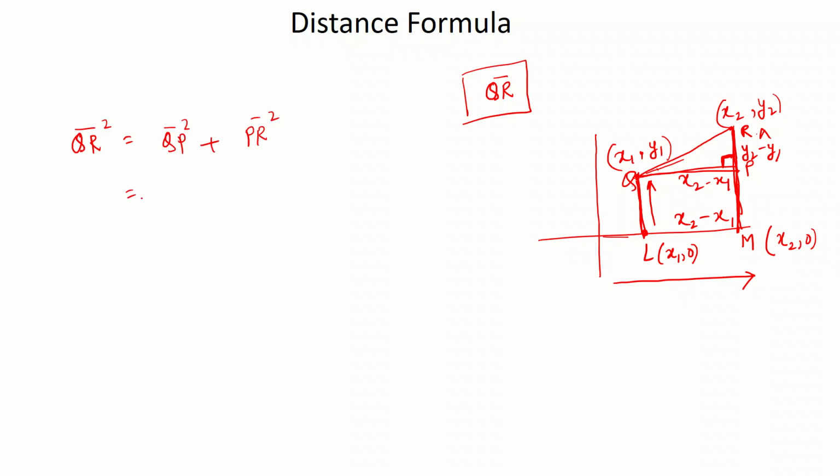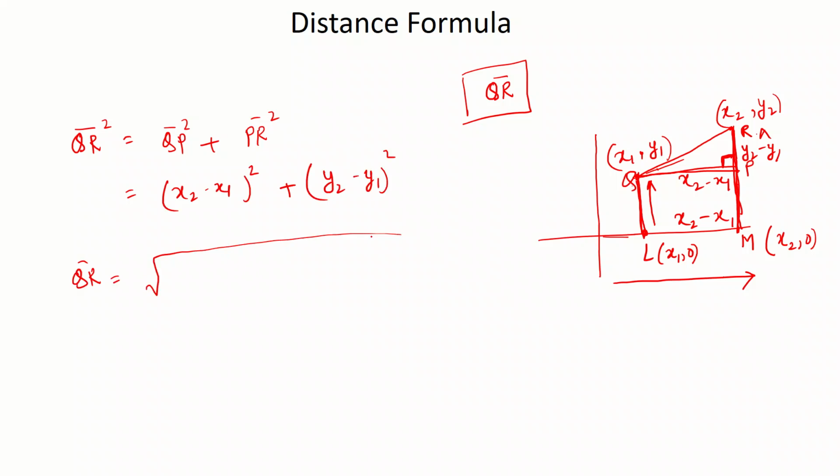QP we have already found out: x2 minus x1, whole squared. PR also we have found out: y2 minus y1, whole squared. So QR is equal to the root of x2 minus x1 whole squared plus y2 minus y1 whole squared. So this is the distance formula.